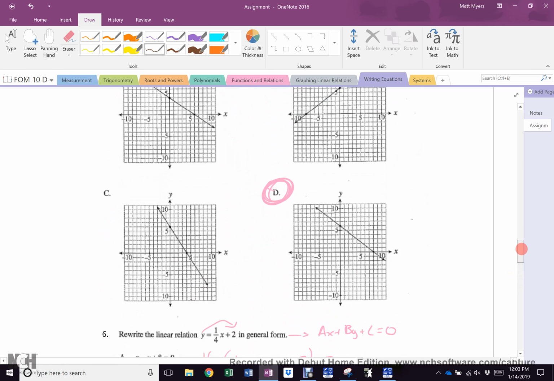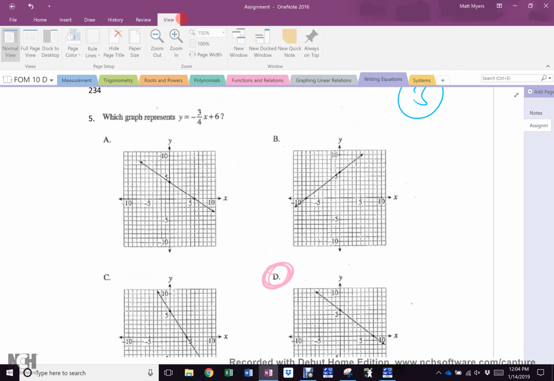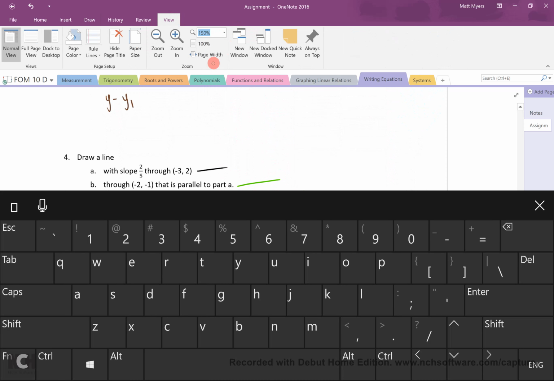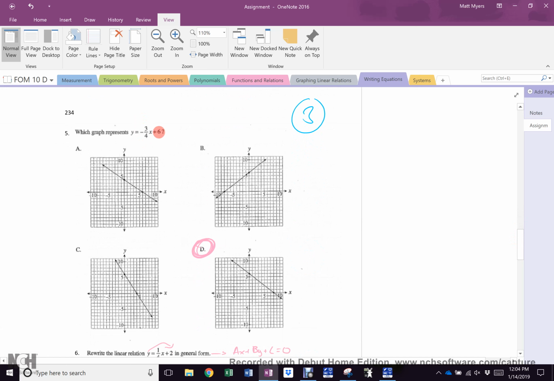Number 5. So, I'll shrink it down so all the choices are on the screen. Just take care of that first. Now, this tells me I have to go through positive 6. So that one's wrong. That one goes through positive 6. That one goes through positive 6. And that one goes through positive 6.